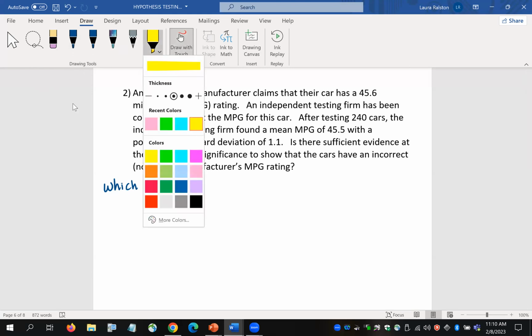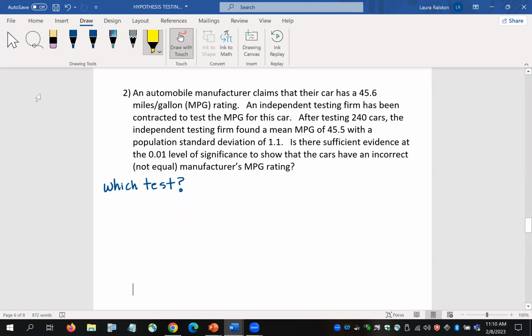So if I look back at this scenario and scan through to about the third sentence, at the end of the third sentence, it tells me that the independent testing firm found a mean of 45.5 with a population standard deviation of 1.1. So I am given and I know the population standard deviation.